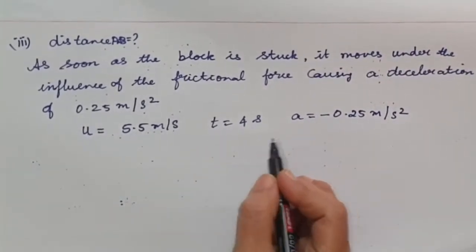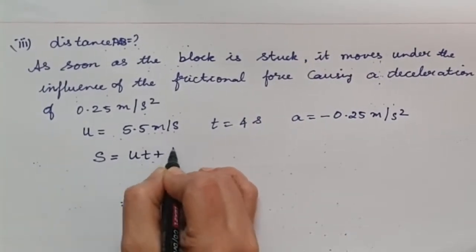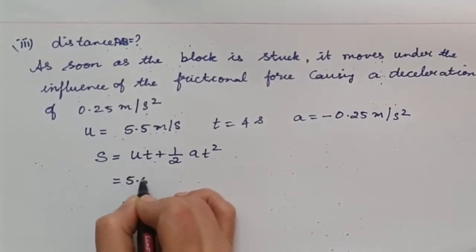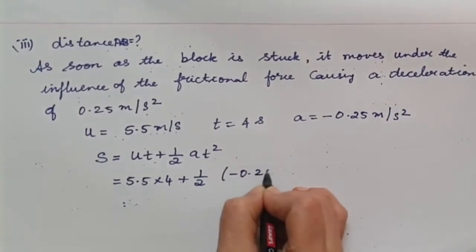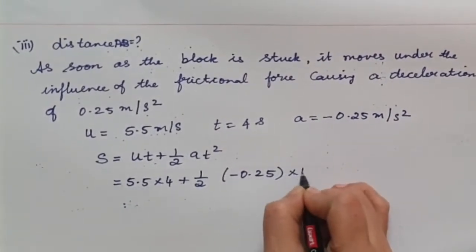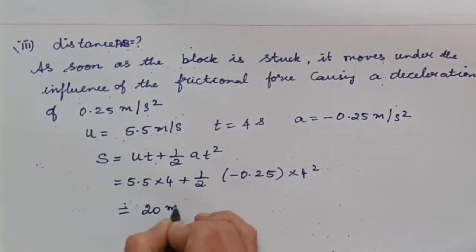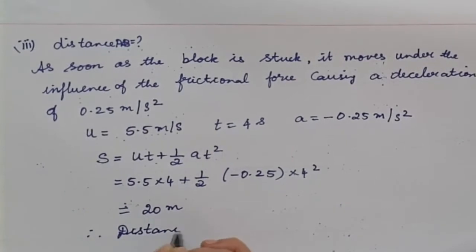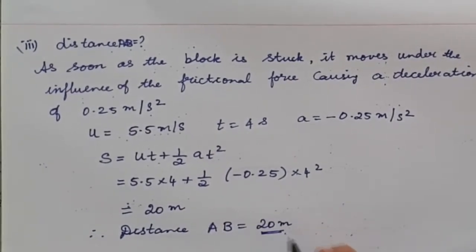Using all this, we need to find s. So we can apply the formula s equal to ut plus half at squared. So it is 5.5 into 4 plus half into minus 0.25 into 4 squared. When you simplify this, we get 20 meters. Therefore, the distance AB will be equal to 20 meters.